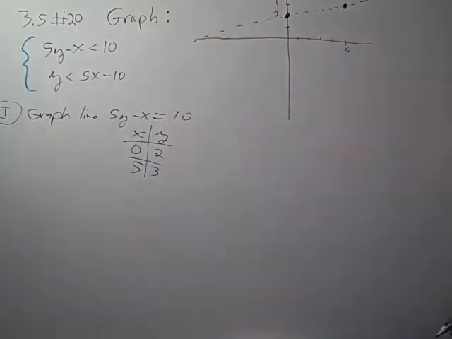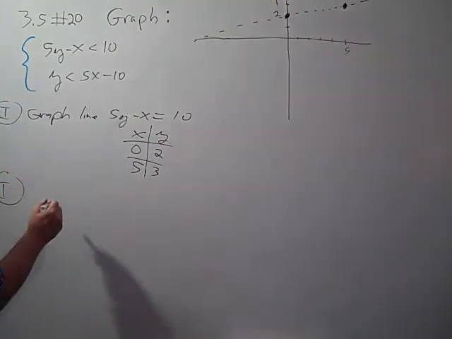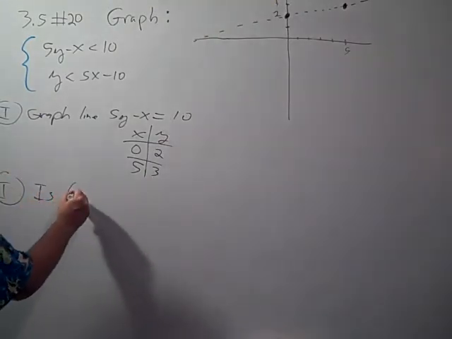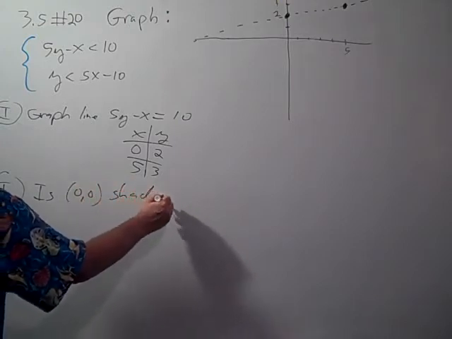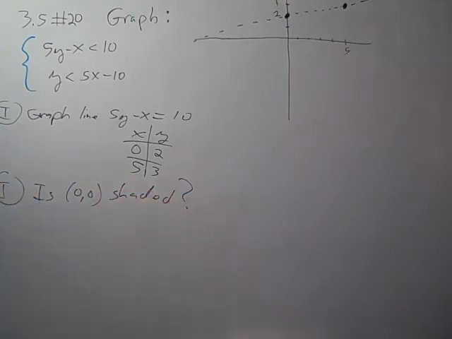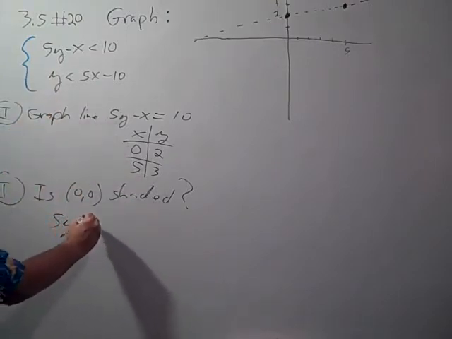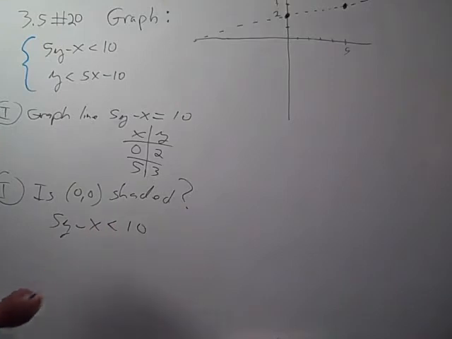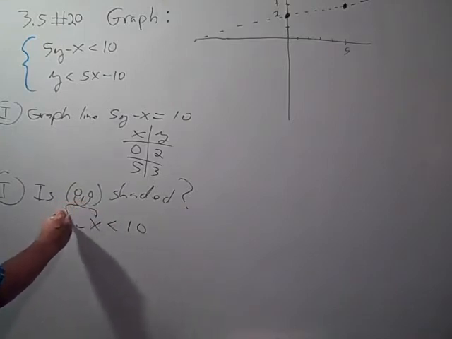Now to decide which side of that line to shade, we can ask, is the origin shaded? And we answer that question by plugging x equals 0 and y equals 0 into the original inequality and see if it's true. So we plug in x equals 0 and y equals 0.